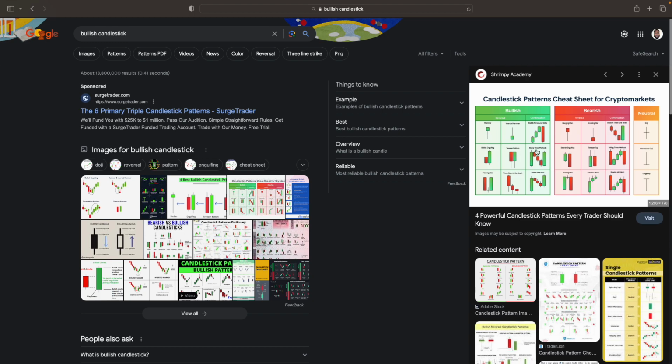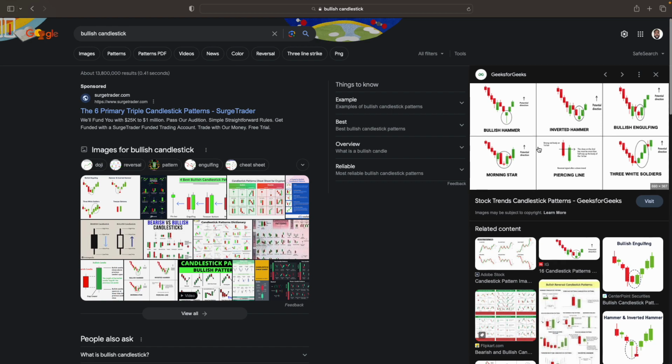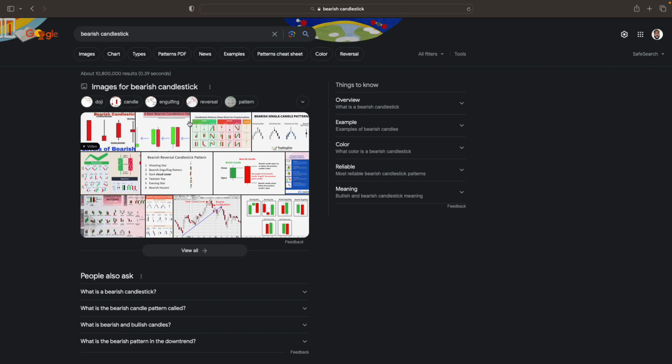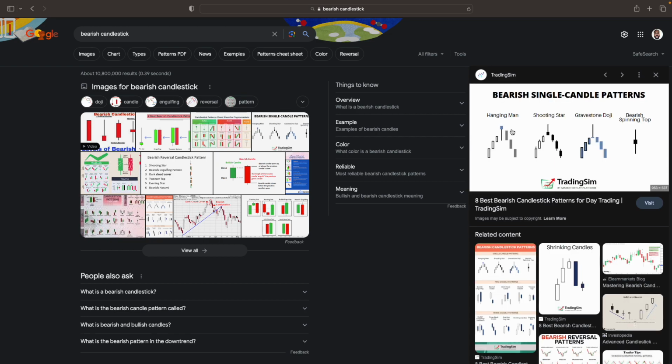So once you get these in your head, you can start looking for these, because they're going to show up, and these are the ways you can take trades in these demand zones, and vice versa. Go look up bearish candlesticks, and these are ways you can take trades on the opposite side.